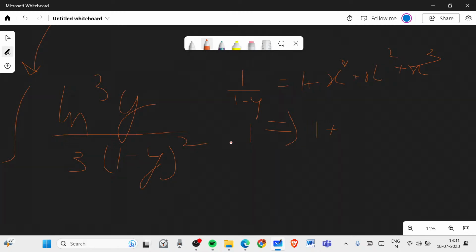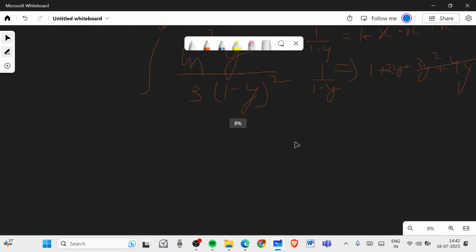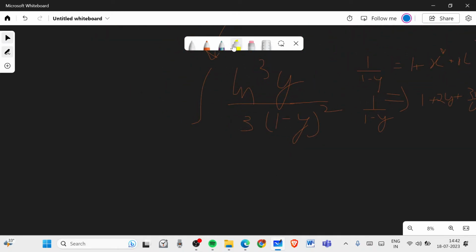Oh good, thank you. 1 by 1 minus y is 1 plus 2y plus 3y square plus 4y cube. Okay, now I'm sure that I'm not going to reach the final answer of this thing because I'm seriously tired.